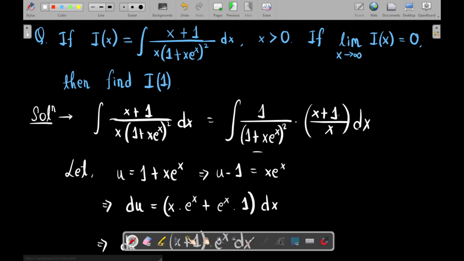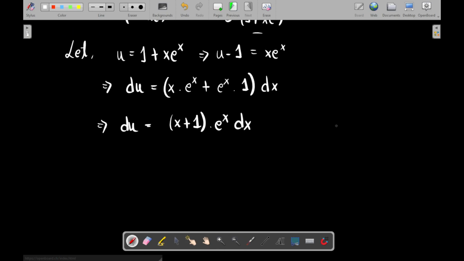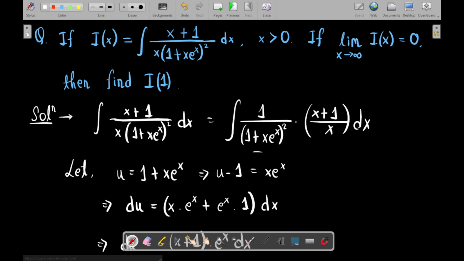Now we have (x plus 1) upon x, right? So in order to get that, what if we divide both sides with x? Here if we divide both sides by x, we get du upon x is equal to (x plus 1) upon x times e to the power x dx. Okay, so we only have this (x plus 1) upon x times dx.